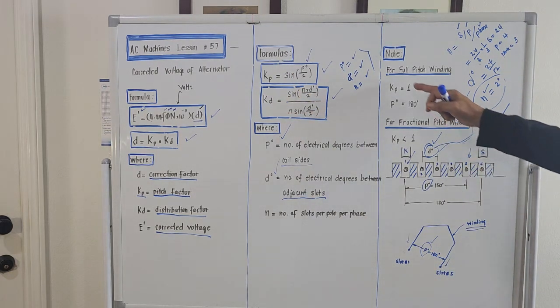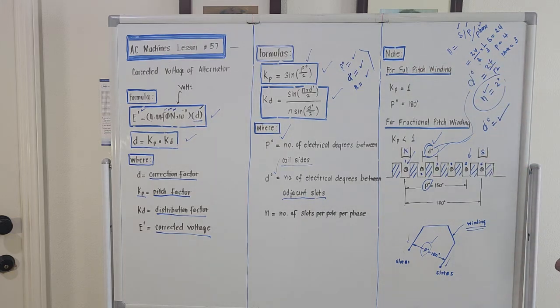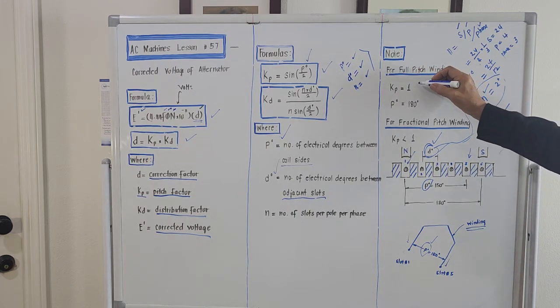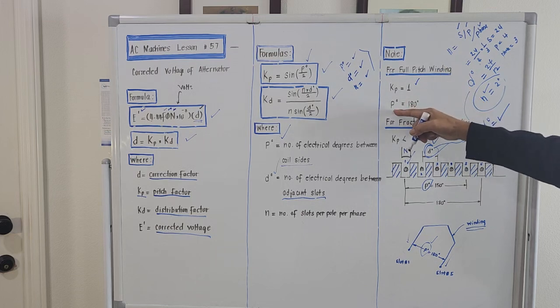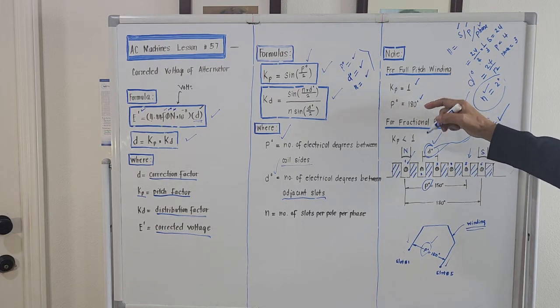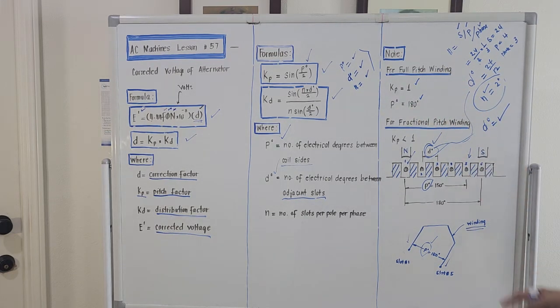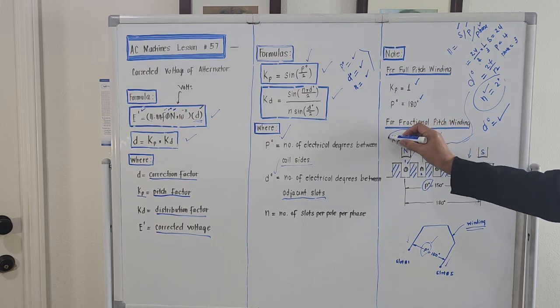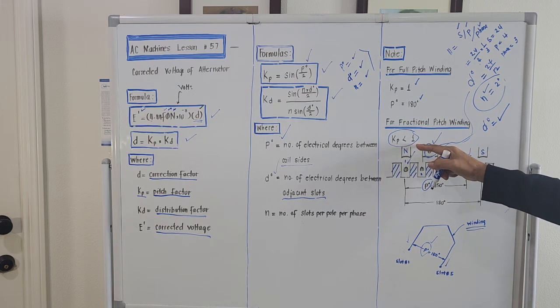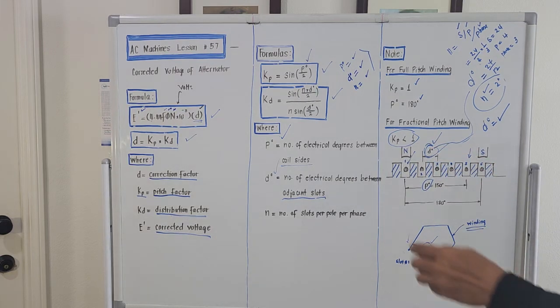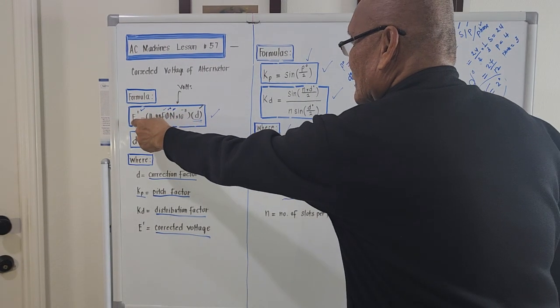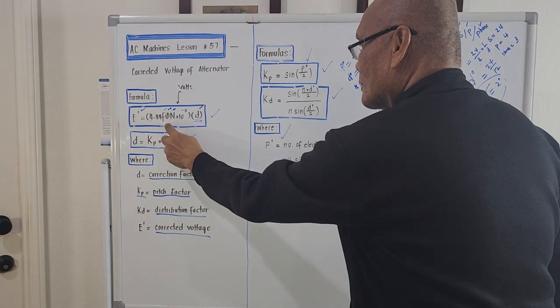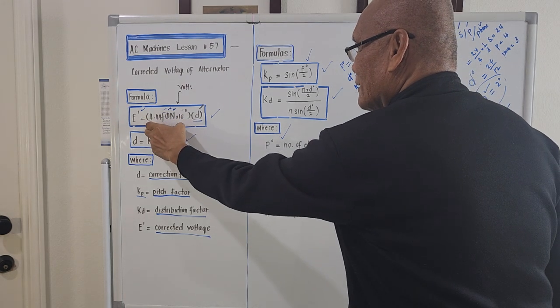For pole pitch winding, the value of K sub P is equal to 1, and the value of P degree is exactly 180 degrees. For fractional pitch winding, the value of the pitch factor is less than 1. If this is less than 1, of course the corrected voltage is less than the theoretical voltage given by this formula here.